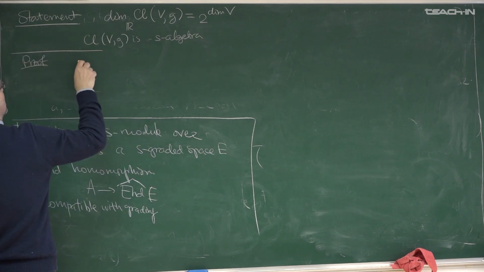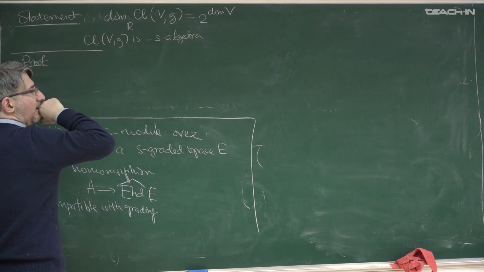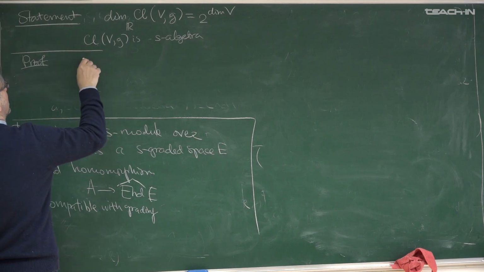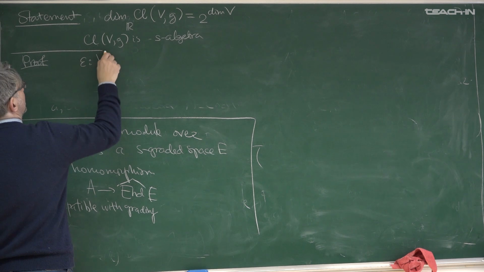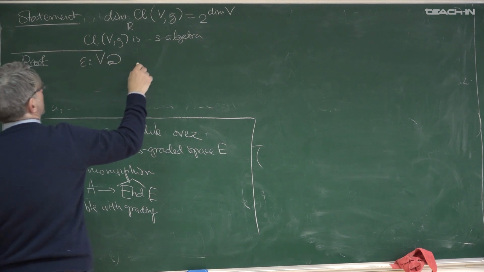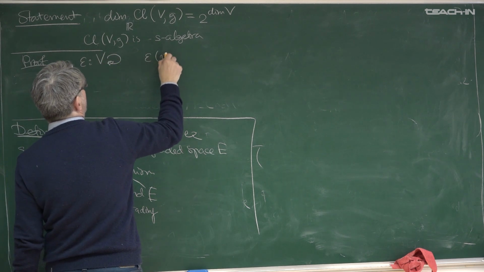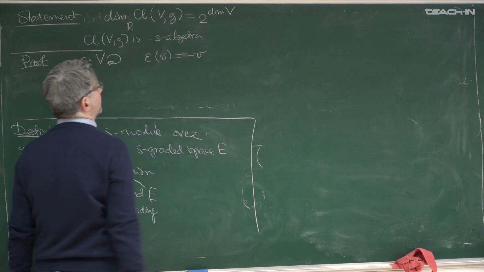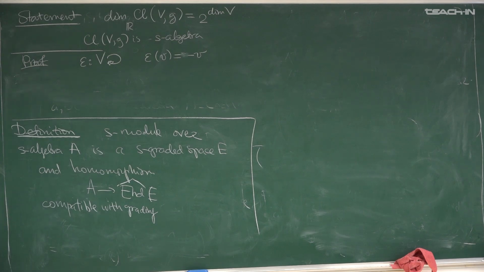Let me denote it by epsilon. Epsilon is defined on V itself, and it sends vector v to the vector minus v. It changes sign of the vector v.